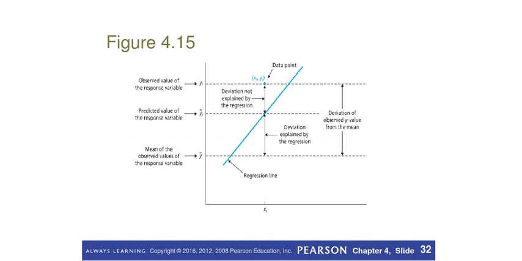So if we take the deviation explained by the regression, that's SSR, and then we get the deviation of the observed value from the mean, so that's SST, then what we get right here, on this piece, is our error, right? So we're actually talking about the error right here, E, between the predicted value and the actual value. And when we take the sum of squares of that error, we're actually getting a variation, right? And we want to get that minimal sum of squares of error because that gives us the best fit.